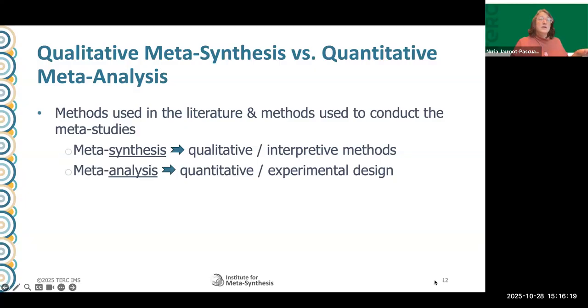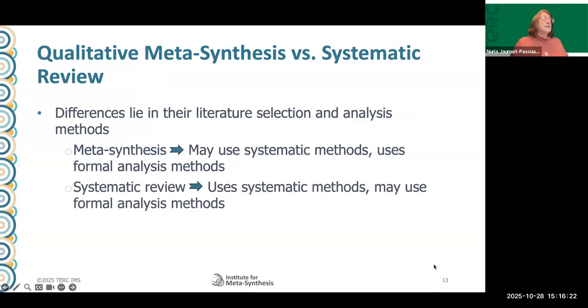The next comparison is qualitative metasynthesis versus systematic review of the literature. The main difference between a systematic review and a qualitative metasynthesis lies in the use of literature selection and analysis methods. A systematic review, by definition, will use systematic methods to identify the literature. Metasynthesis may or may not use systematic methods.